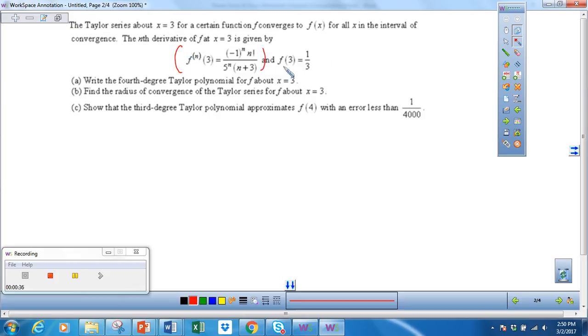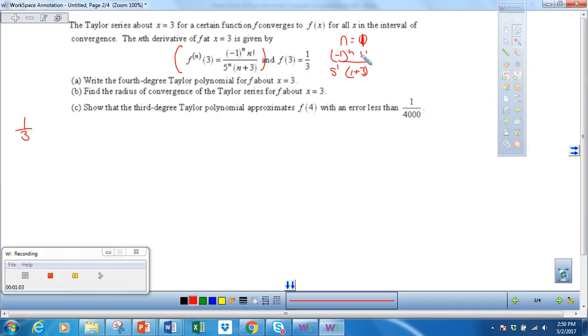Now we're told that f of 3 is 1/3, so we're going to start with 1/3. And then we're putting in values for n equals 1. So at n equals 1, we get -1 to the nth power, 1 factorial over 5 to the first power, and then 1 plus 3.